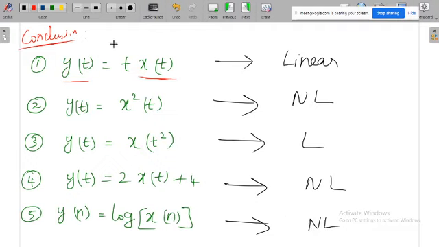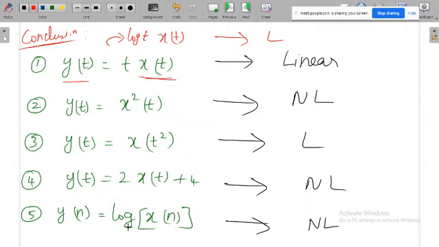Suppose instead you apply log to t, as in log t times x of t, the system will remain linear. Even though log is a non-linear quantity, you are not applying it to the signal, you are applying it to the time. That will not affect the linearity, but here the log is applied to the input x of n, so the system is non-linear.